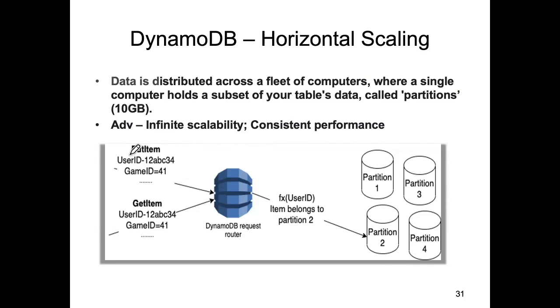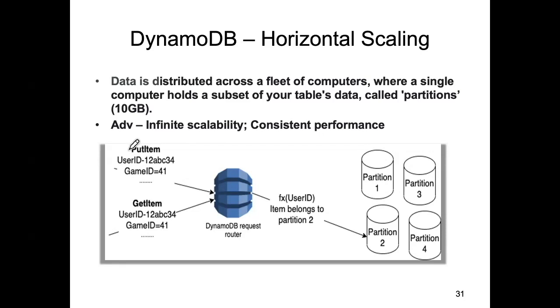And let's suppose we're dealing with our gaming application where we want to add a record recording a user's score and other data associated with a user playing a particular game in our gaming application.